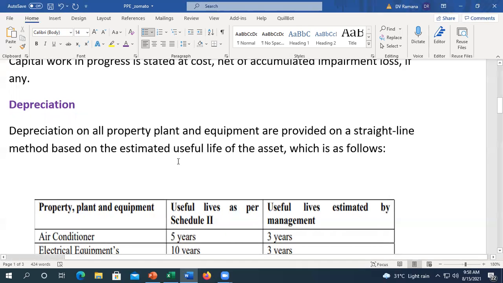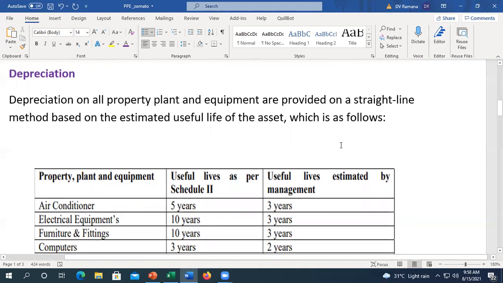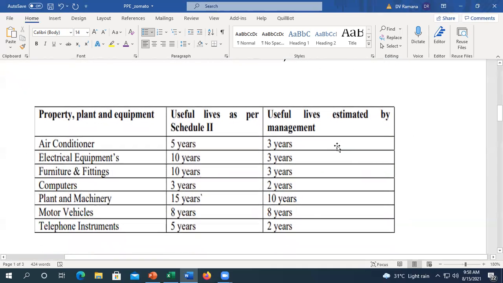This depreciation has been determined on the basis of the estimated life. We also know that the life is proposed by Schedule 2 of the Companies Act. However, the management has the freedom to have a period less than the estimated life, so that the idea is to recover the cost early.